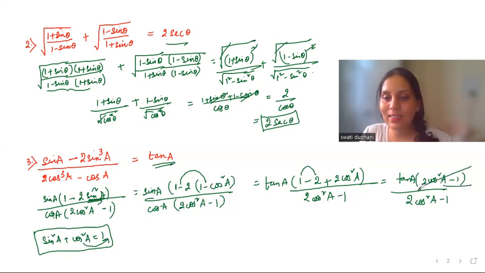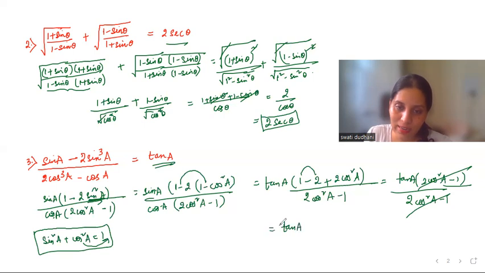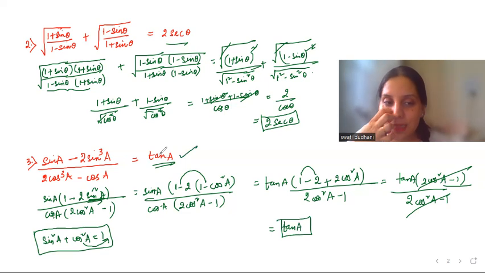So here I see this and this can be cancelled. So I'm left with tan a, which is nothing but the RHS. So it was very easy. In the starting, if I see that I have sine by cos already, that is my answer. I need to get rid of the bracket part somehow, so I have just converted one sine to cos. You can also convert cos to sine. So basically you need to get the bracket part the same and get rid of them.